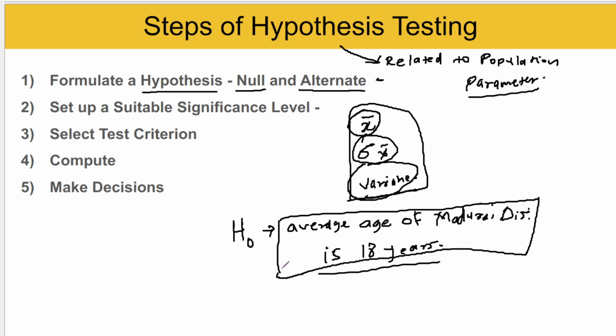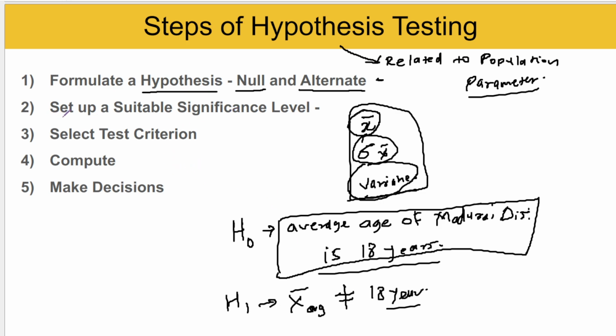What is my alternate hypothesis? Alternate hypothesis we call H1. I will write shortly that the age bar, or average age, is not equal to 18 years. So I can have this. I will first do this hypothesis formulation. This is the first part.